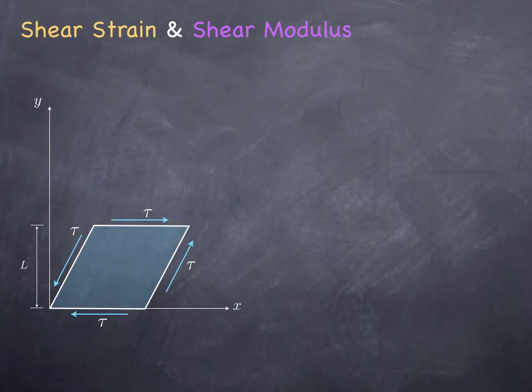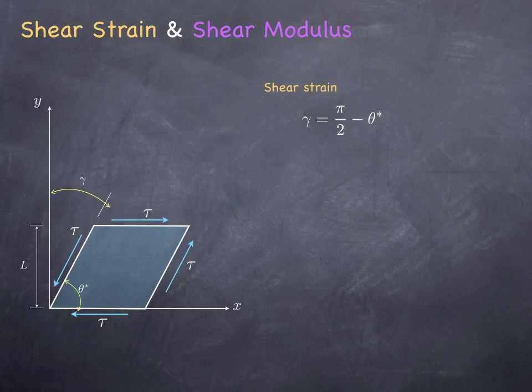If its angle was originally 90 degrees, now it will become a new angle, theta star, that is less than 90 degrees. And shear strain is defined to be pi over 2 minus that angle. So this is the so-called engineering shear strain, which is twice the Lagrangian shear strain, but this is that total angle change.